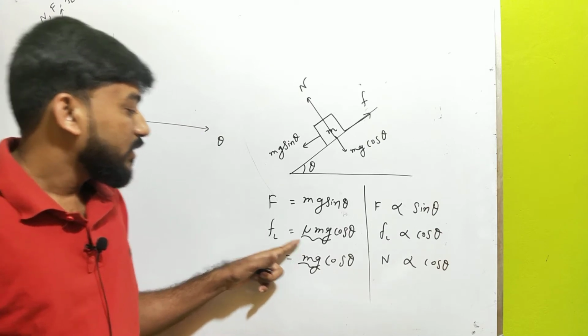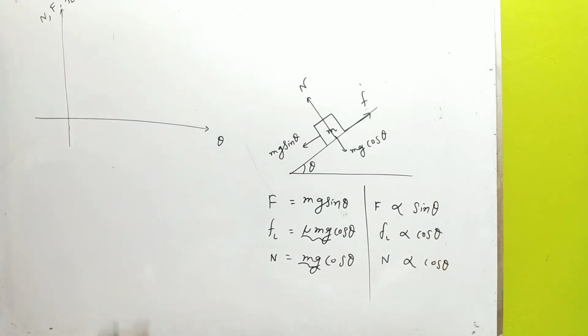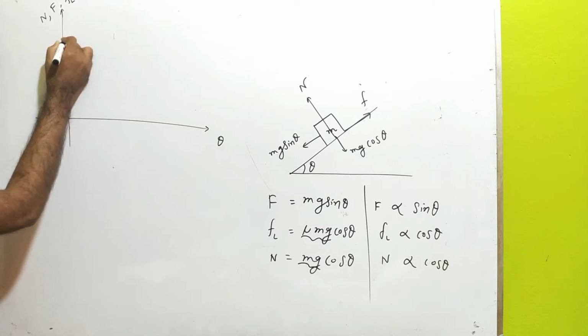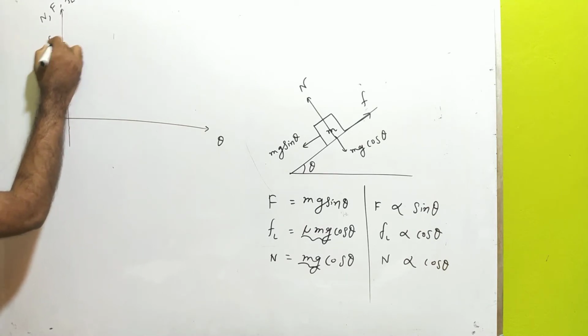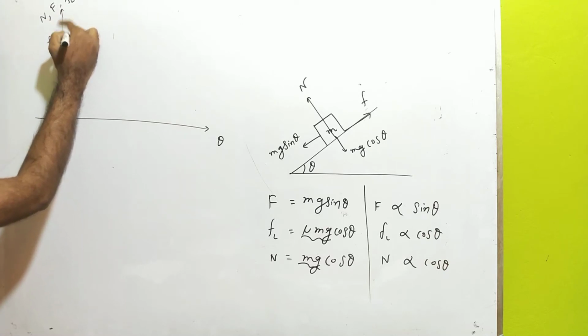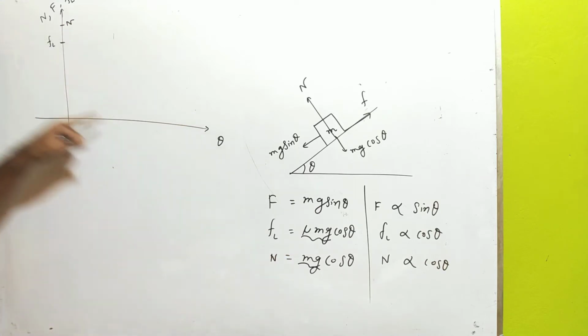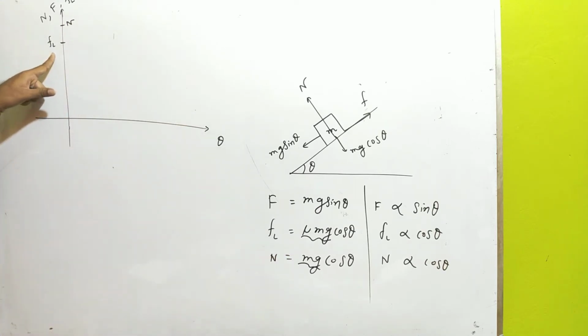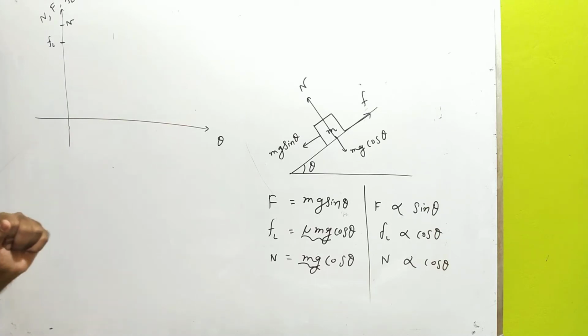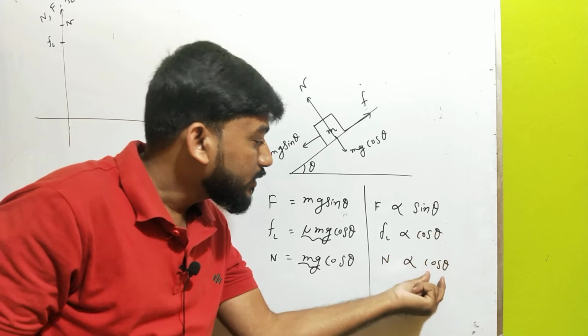So the maximum value of FL will obviously be less than N. So on the graph, the maximum value of FL we have to mark under the maximum value of N, because mu is less than 1. So FL will obviously be less than N.